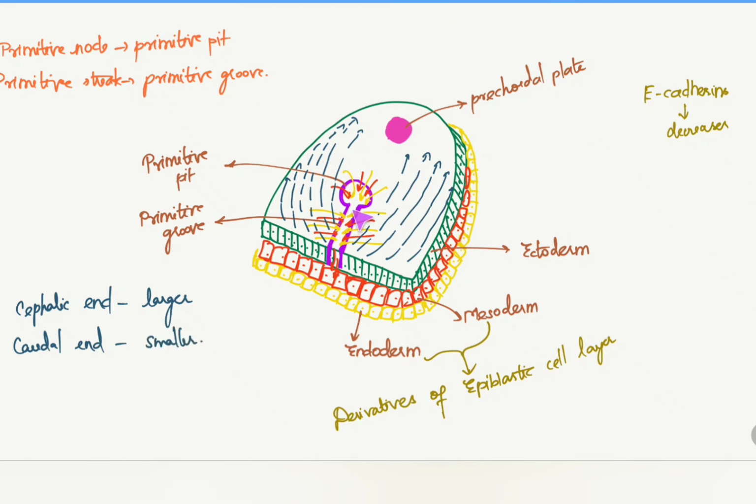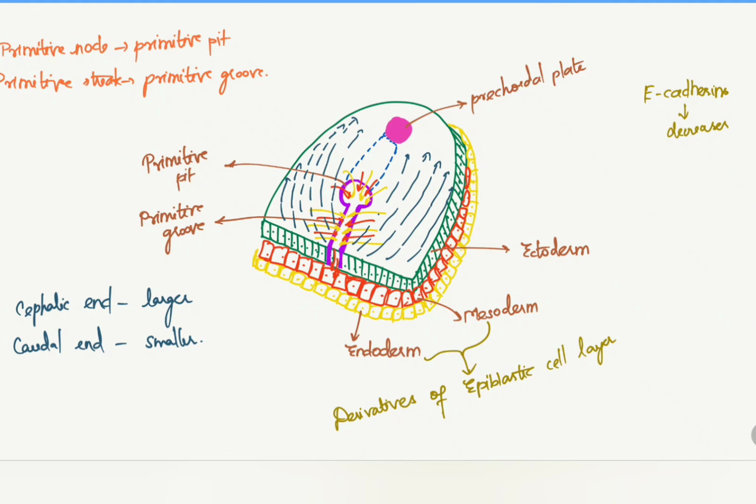Another thing is the epiblastic cells which are falling into the primitive pit. They fall into the primitive pit and below the ectoderm, and that's what I'm mentioning with the dotted lines. Below the ectoderm, they form a tube, a canal-like structure which extends from the primitive pit till the pre-caudal blade, right?